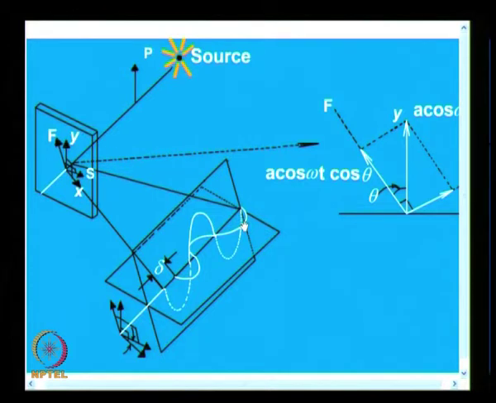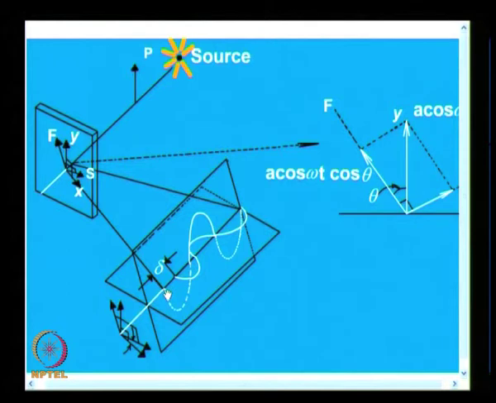So, what happens is, you know that when light enters a crystal it splits into two rays, and because it is perpendicular to the optic axis they travel in the same direction, but the plane of vibration is mutually perpendicular. You have one plane like this, another plane like this, and a wave travels like this, and what has happened? This wave has travelled past the other wave, that is what is shown in the sketch.